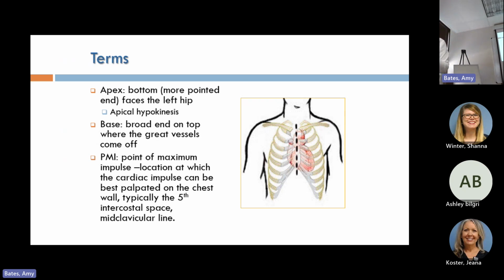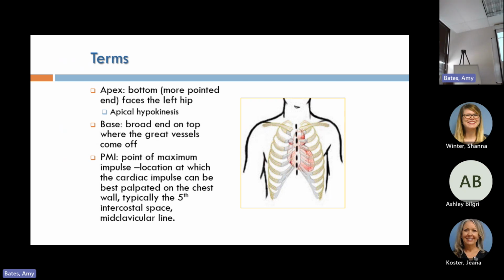So when you get a report or you see on an echo that they have apical hypokinesis, or they have Takotsubo cardiomyopathy, which is an apical ballooning of the heart, they're talking about this bottom part of the heart, mostly the left ventricle. So if you have a massive anterior wall MI, you can have apical hypokinesis, meaning that the apex of the heart is not functioning and not squeezing as well.